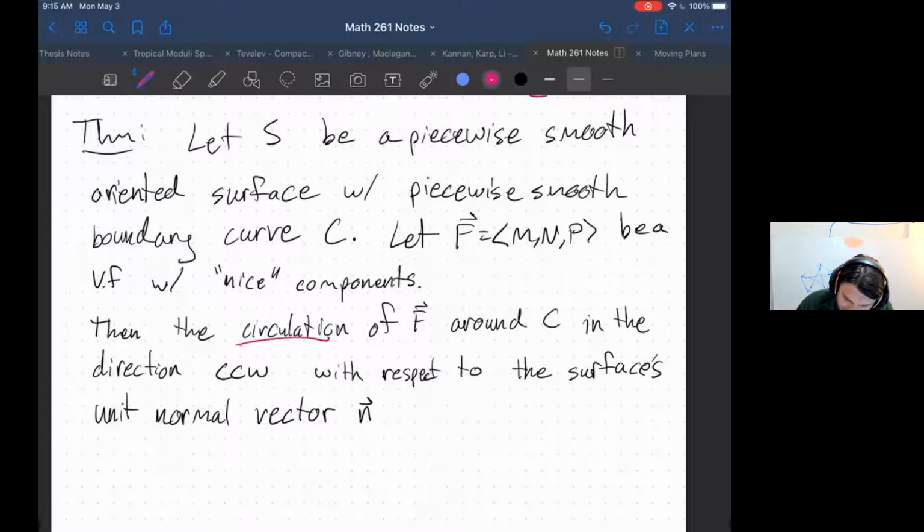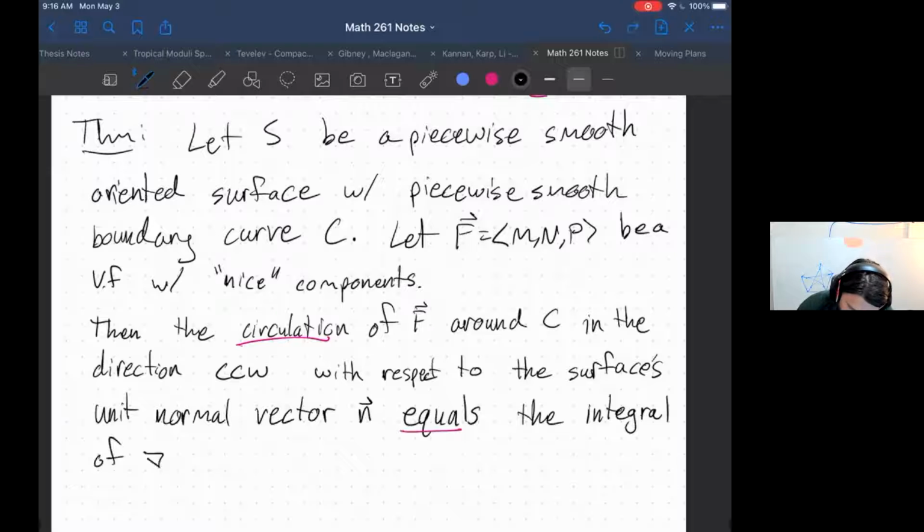So this is the circulation with all of this, equals the integral of this quantity, which we will now define as the curl of F. Take that vector, dot it with n. So it's the integral of that quantity over S.